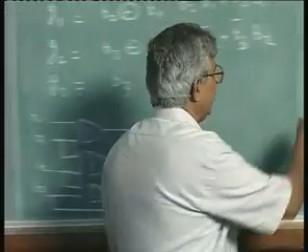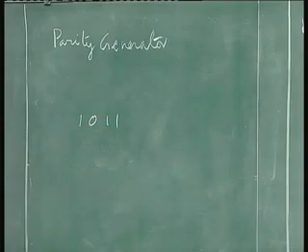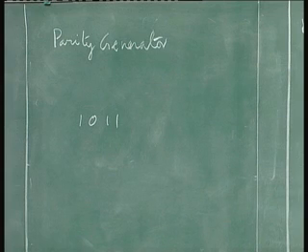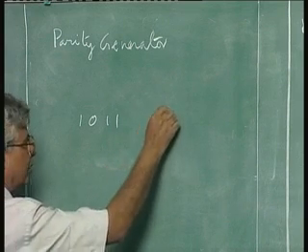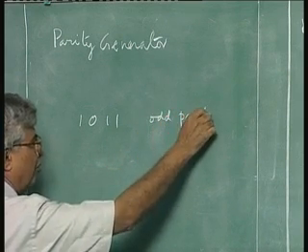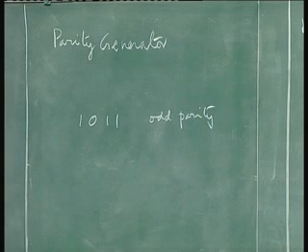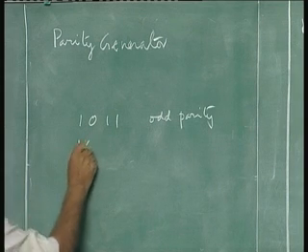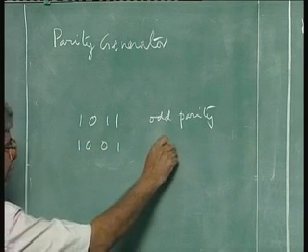So I will say 1 0 1 1. This 4 bit stream has 3 ones, so this is called odd parity. The number of ones in the 4 bit stream is odd, so I call it odd parity. If on the other hand it is 1 0 0 1, it is called even parity.